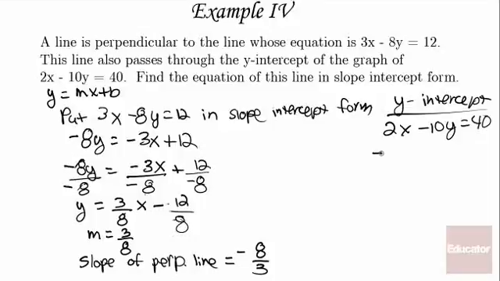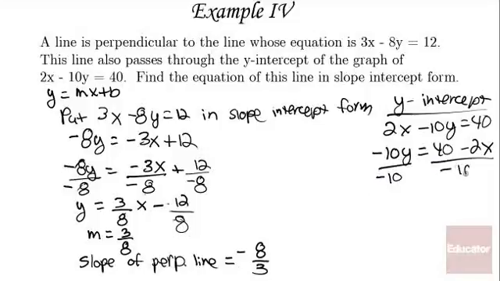First thing is to subtract both sides by 2x. Then divide both sides by negative 10. So divide by negative 10, divide all that by negative 10. The negative 10s cancel out, and then it's going to give me y equals 40 divided by negative 10 minus 2x over negative 10.